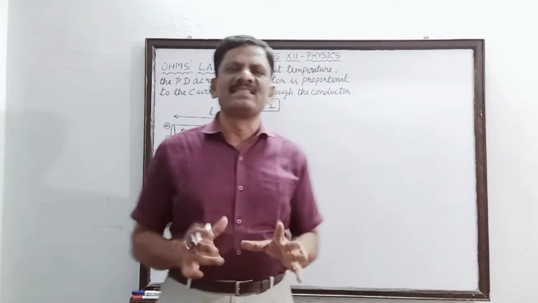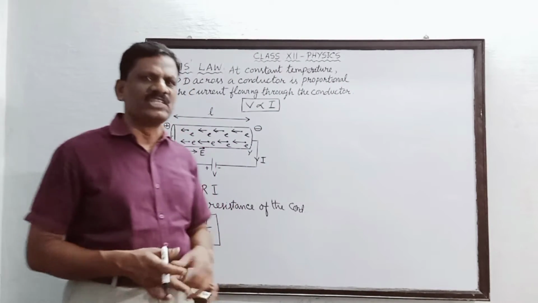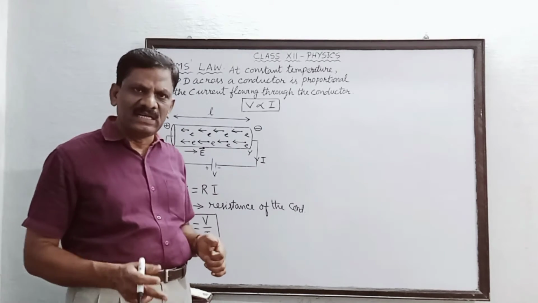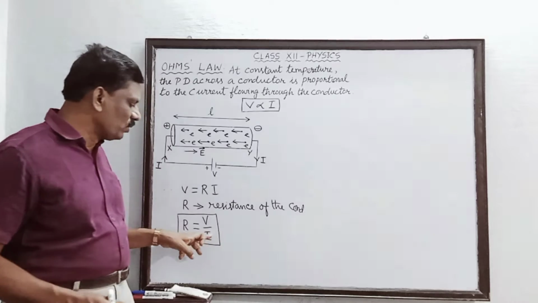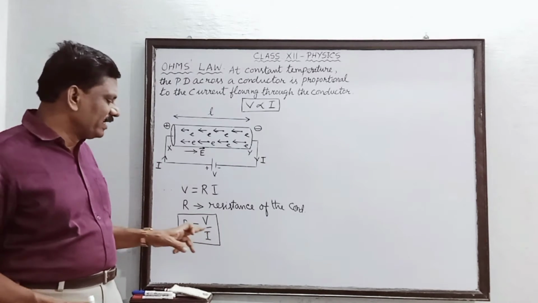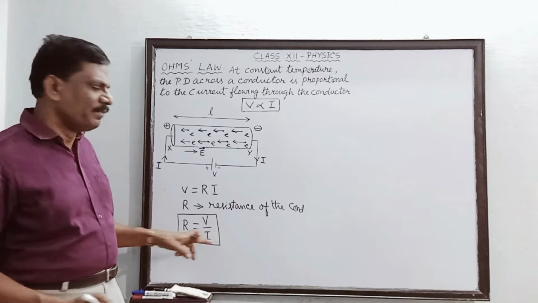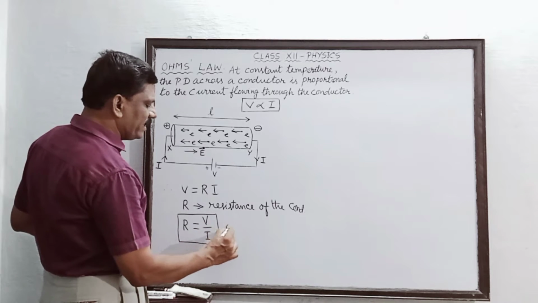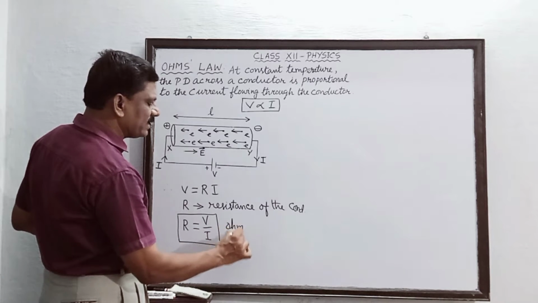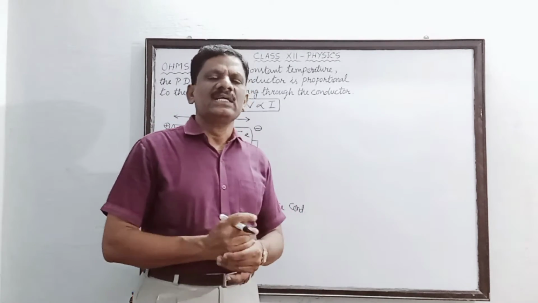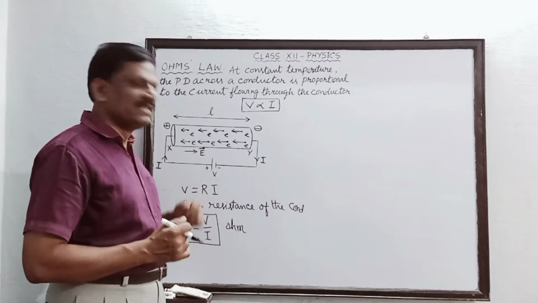The electrical resistance of a conductor is defined as the ratio of the potential difference applied across the conductor to the current flowing through the conductor. So its unit must be equal to volt per ampere. But the standard unit for electrical resistance is ohm. Ohm is the standard unit for resistance.